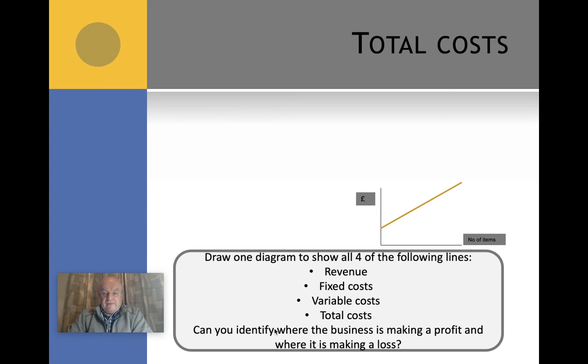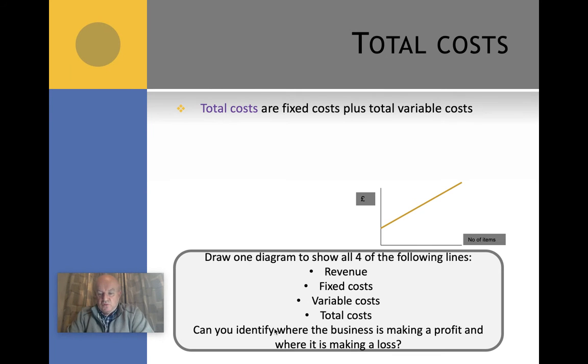Okay, so we've talked about variable cost, and we talked about fixed cost. Now we need to look at total cost, and we need to bear in mind that we're going to have to combine a couple of things to be able to calculate it. Total cost is where we take our fixed costs and add our total variable cost.